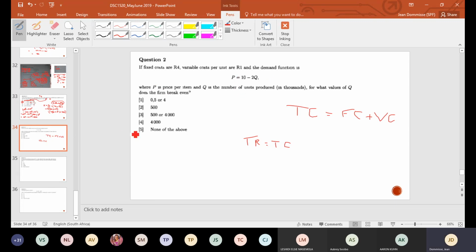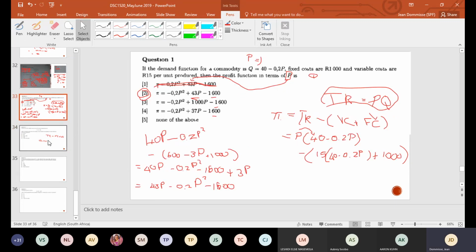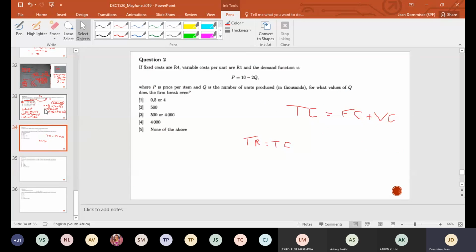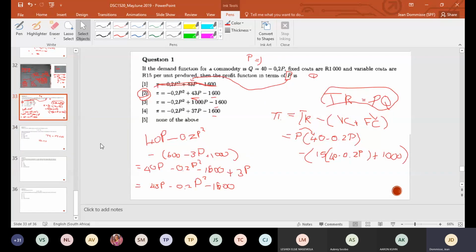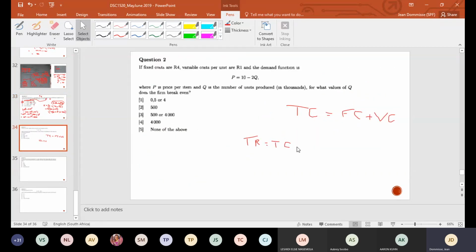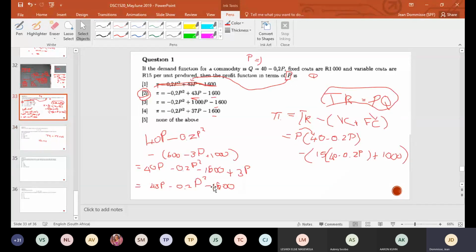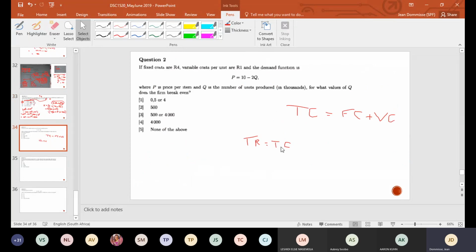So it's basically very similar to the previous one. It's just we need to say whether the two are equal to one another, so whether there is no profit, and then we need to say where there's no profit, what will the Q be?